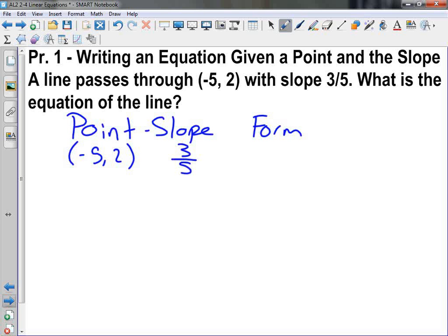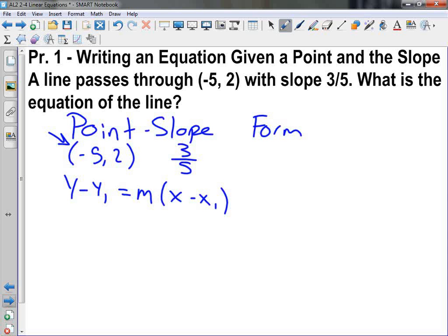Now we're going to use point-slope form, which is y minus y1 is equal to m parentheses x minus x1. y1 and x1 just means that point 1. So that's just the name of the point. So those you get from there.